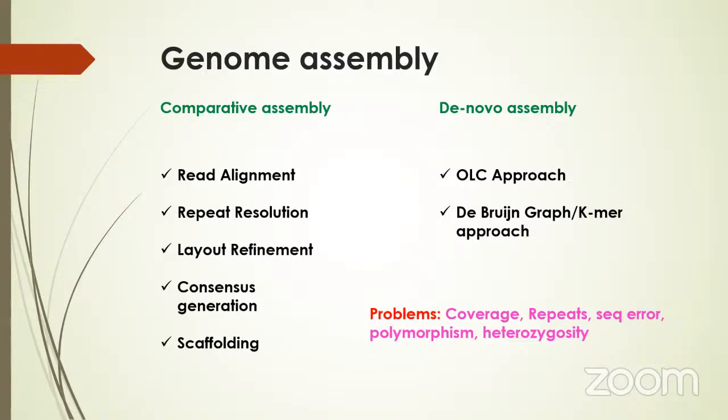Repetitive sequences and polymorphisms between the target and the reference genome may be aligned in a non-continuous fashion, because, as I said, there will be problems due to repeating sequences and polymorphism. So the longest increasing subsequence algorithm, called the LIS algorithm, is used. Remember, the LIS algorithm is a part of read alignment in comparative assembly. The LIS algorithm generates a long chain of mutually consistent matches between each read and the reference.